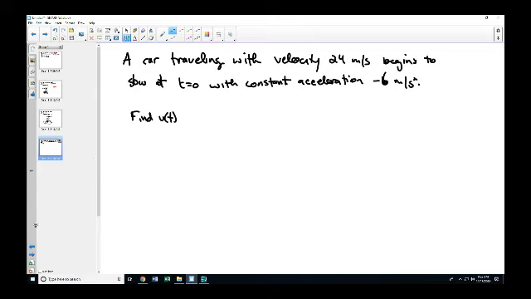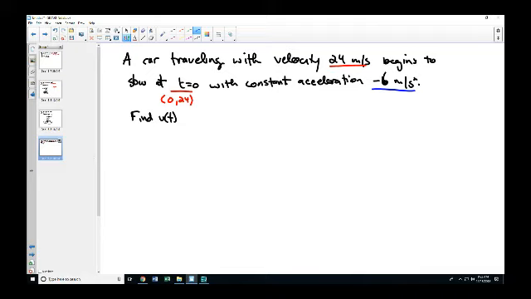Okay, but we do have the acceleration. If you look at this info, that's just a point, 0, 24. That's an initial condition. That's just the information at one instant. This is information over time.